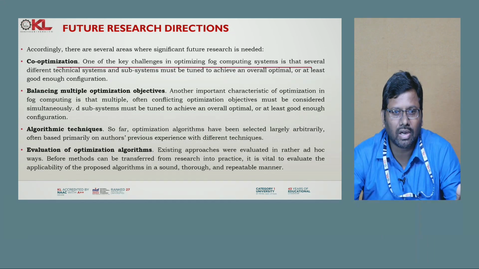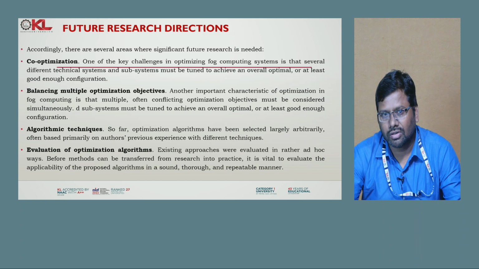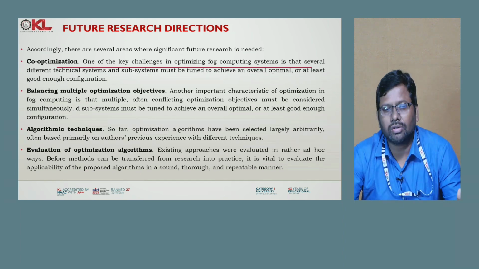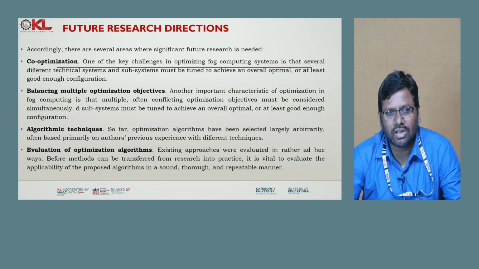Next, balancing multiple optimization objectives. When we talk about particular devices, each device has its own balancing or threshold level of optimization. We could not say that the router has this one and another kind of server should also have the same value. We could not compare them.